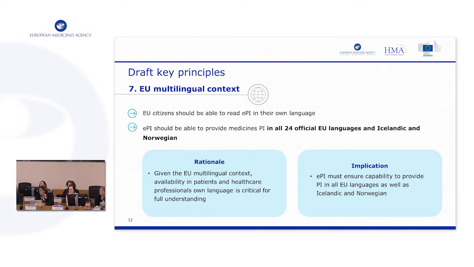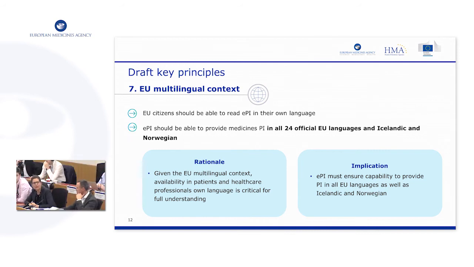Thank you. Mathilde Behrens from the Danish Medicines Agency. My apologies if this has already been explained, but maybe you can clarify. Are we committing here to all 24 languages, all medicines, whether they are marketed or not in a given country?